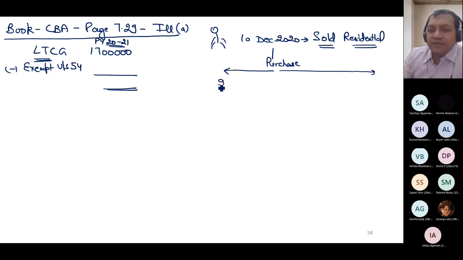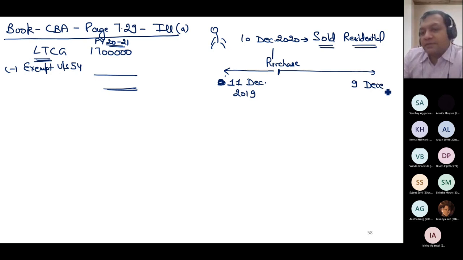Within 1 year before, that means starting from 11 December 2019 and ending date will be 9th December 2022. It is within 2 years and it is 1 year before.